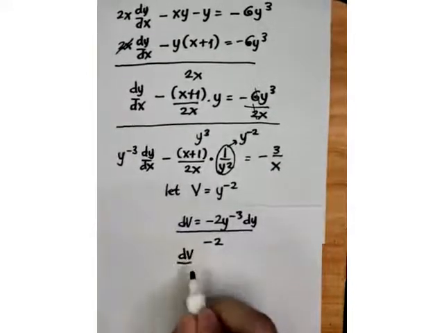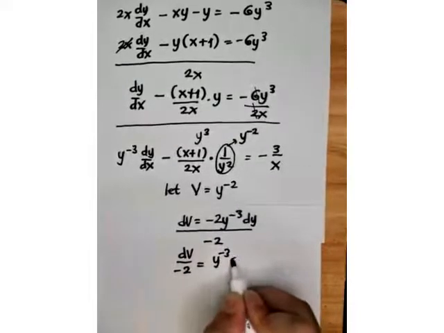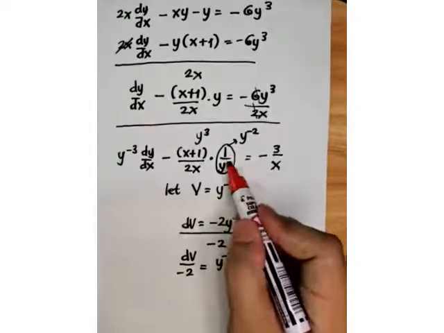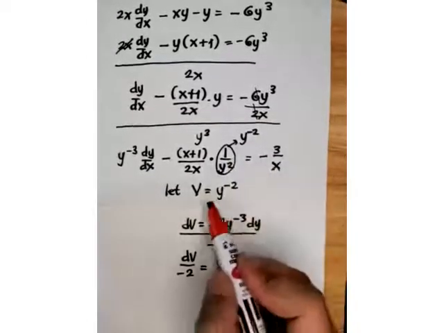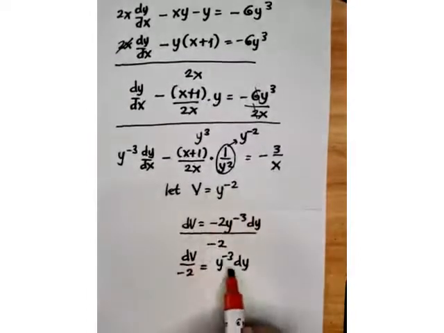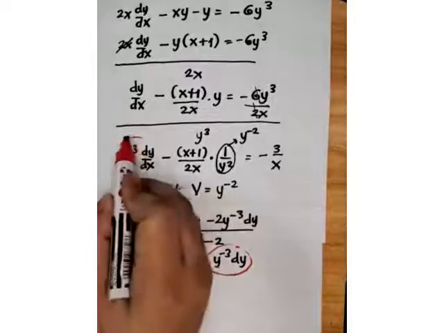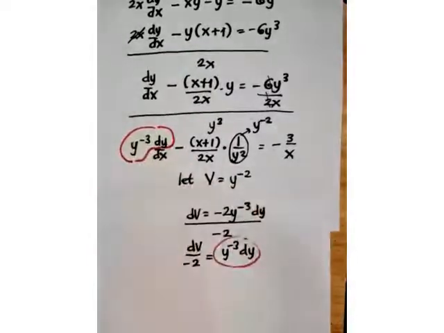So, dv over negative 2 is equal to y raised to negative 3 dy. Okay? So, una, yung sa gitna, i-substitute ng v, and then derive nyo siya, and then gawin nyo siyang ganyan. Kasi ito niyan ay isa-substitute natin siya dito. Ayan. Okay? So, isa-substitute natin siya doon.